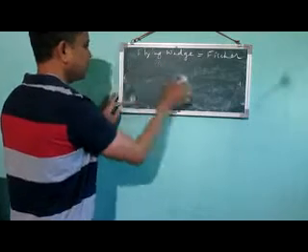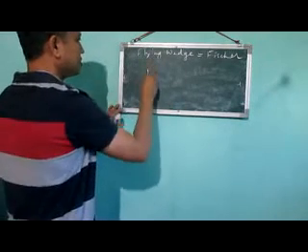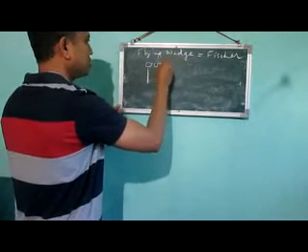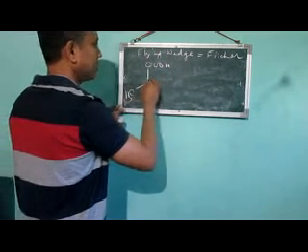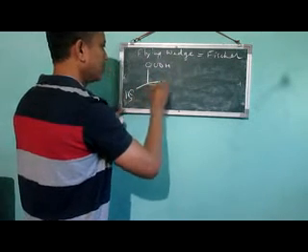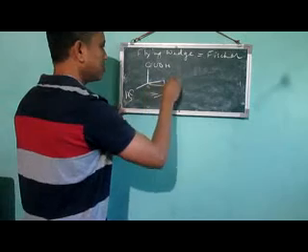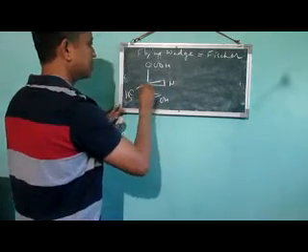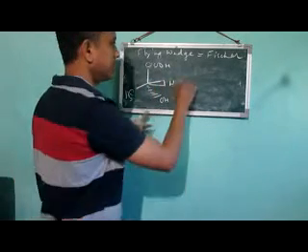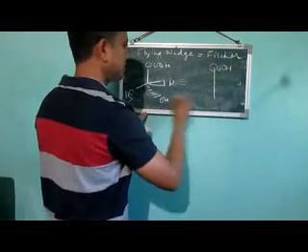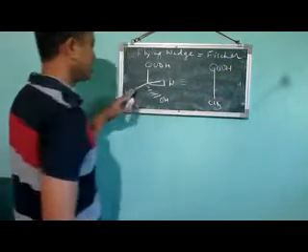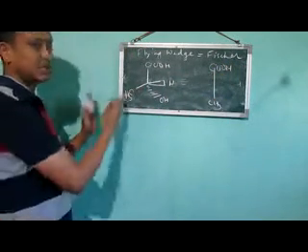Suppose we have this molecule, COOH, now CH3 is on this side, and this is hydrogen and this is OH. Now how to convert it? Again we will write down this one and CH3 will come here. Now you can see that CH3 is on the left hand side.